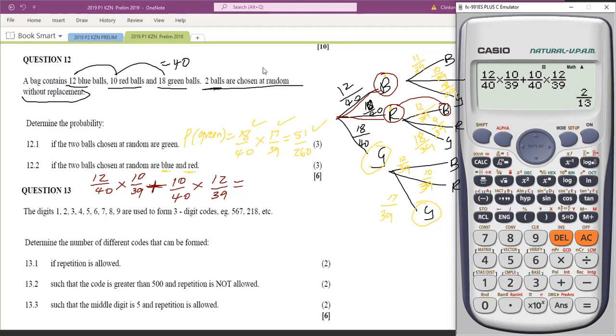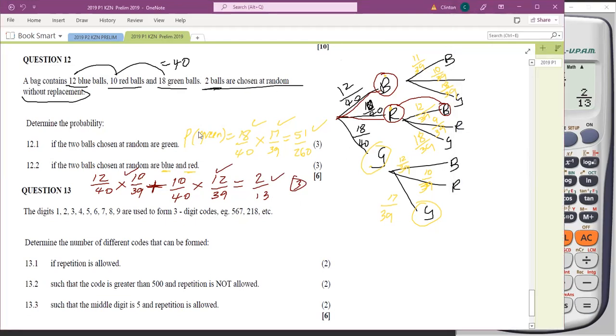That gives us how much? 2 over 13. That should be your other 3 marks. Then you're done with question 12. Now let's jump to question 13, okay?